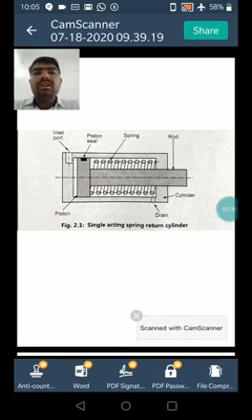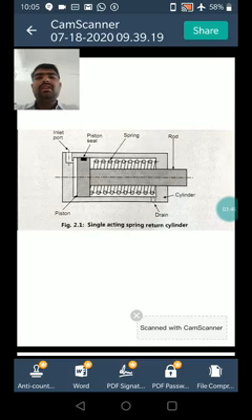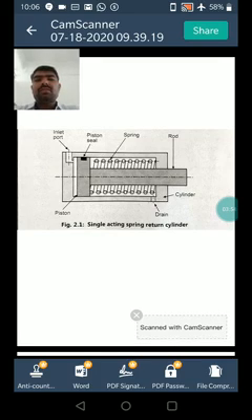In the spring return type cylinder, the spring may be inside or outside of the cylinder. The spring index depends on the load or operating speed, etc. These actuators are suitable for small stroke length only.